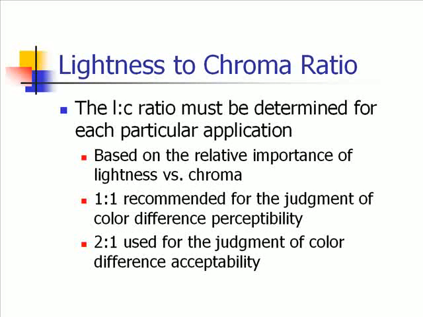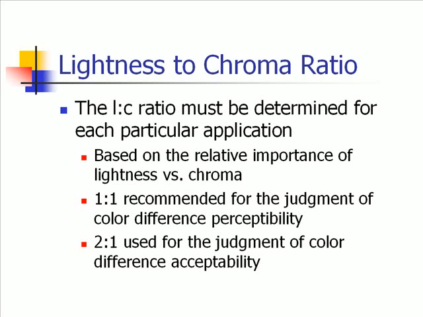So in your particular application, you look at all the data and correlate it and do all the fancy mathematical stuff. You can determine the relative importance of lightness versus chroma. In some applications, lightness is more important. In other applications, chroma might be more important.